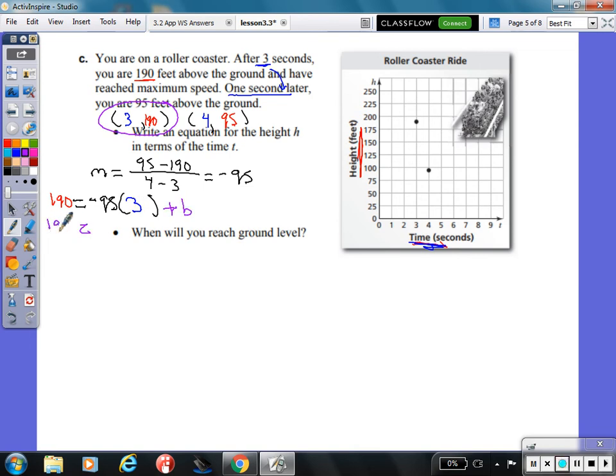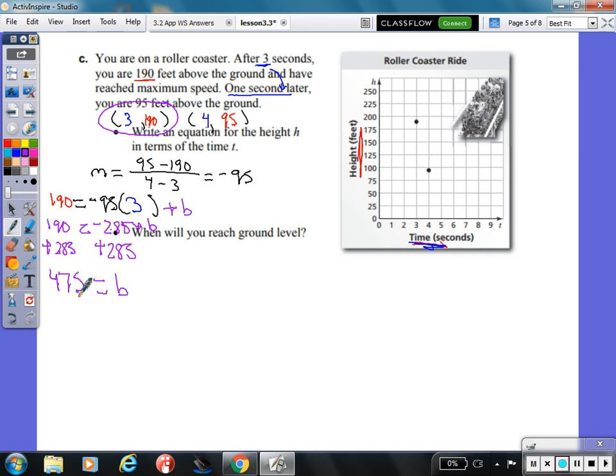If we multiply, negative 95 times 3 is negative 285. Still have our plus b. So then add the 285. 190 plus 285 gives us the 475 for the b.